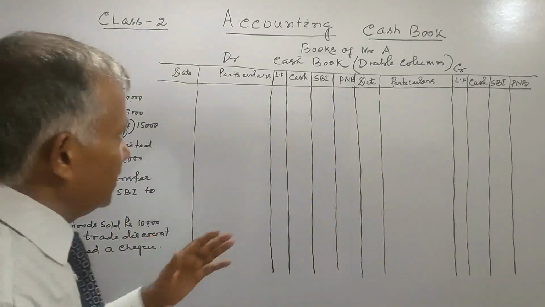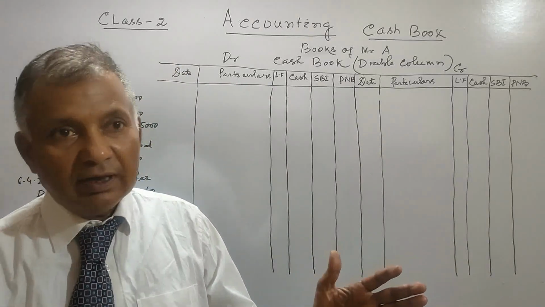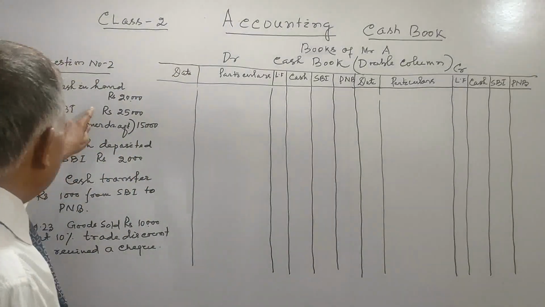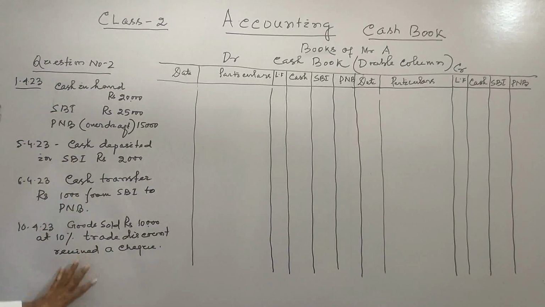So friends, this is a problem of double column cash book, but multiple bank accounts, that is your SBI and PNB. I am writing the question here.